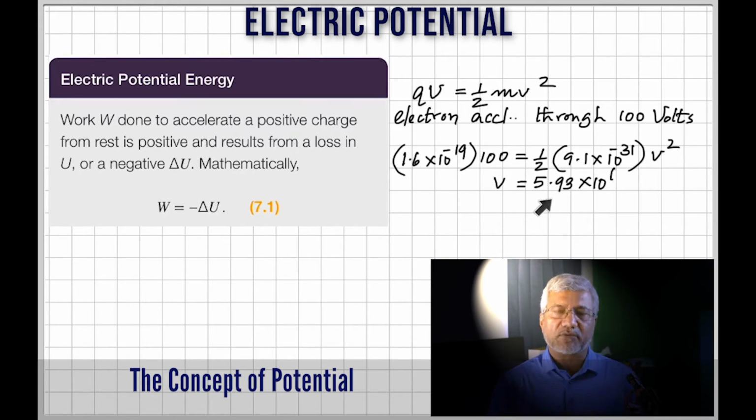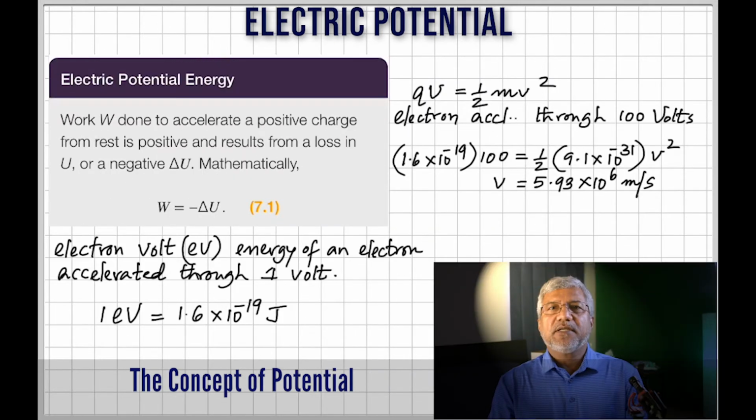When you do that calculation, you get 5.93 times 10 to the 6 meter per second. Wow, that is fast. Also remember that if it's accelerated through voltages higher than 100 volt, then the calculation for velocity will not be correct, since we would have to apply relativistic effects. So the maximum is around 100 volt, so we can avoid relativistic effects. Remember that.